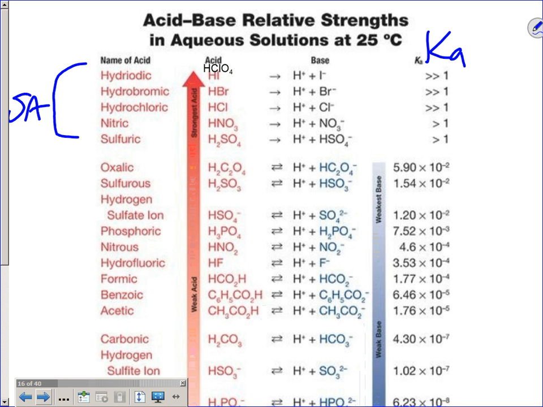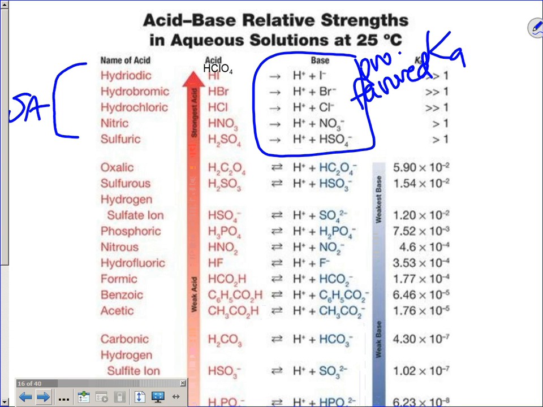A K value greater than 1 means that the products are favored, meaning you will only have the ions. You will never have truly the intact acid unless it's in a powder form. In solution, you always have the ions.